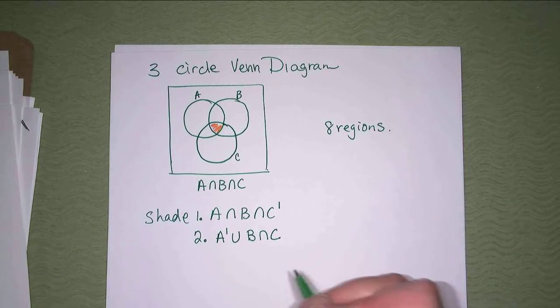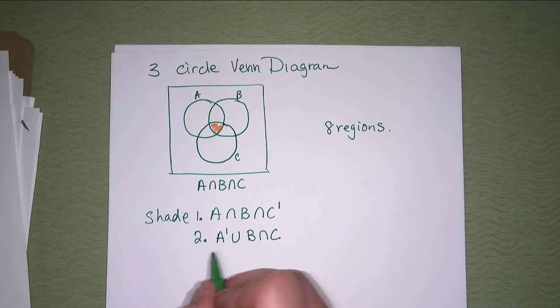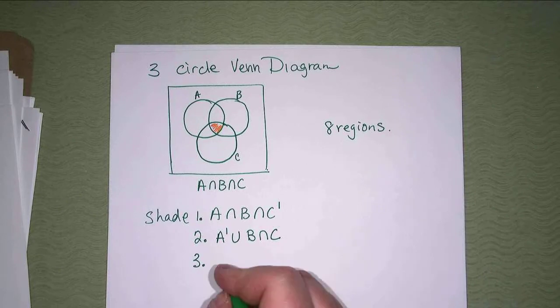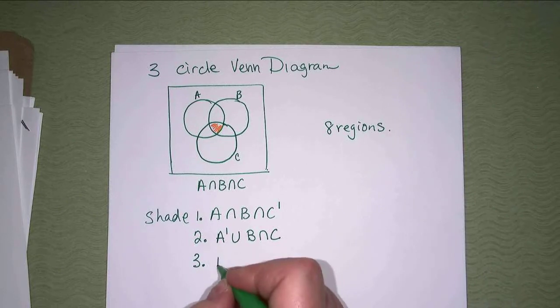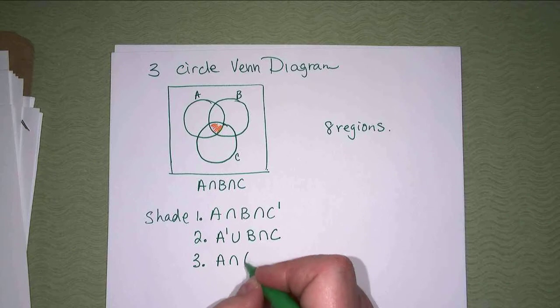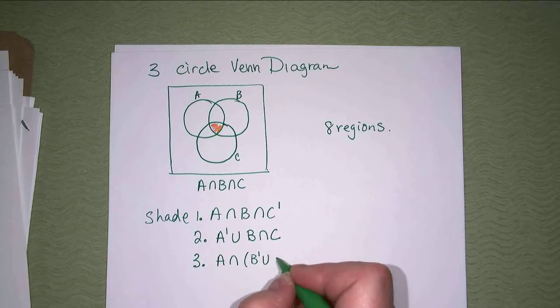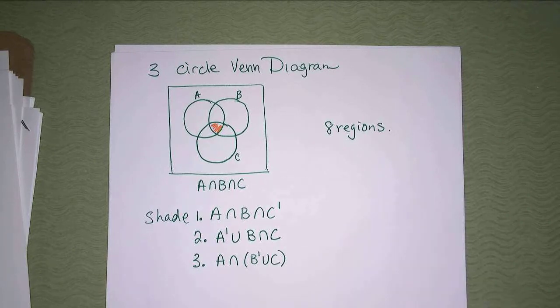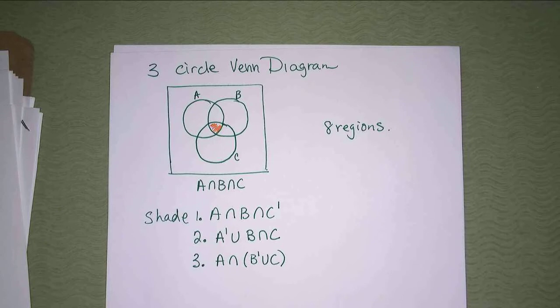Union and intersection together, so it makes it a little trickier. And we could put brackets in there. Something like that. So it would say do the bracket first and then compare. So just like when we had the sets written out, 1, 2, 3, or A, B, C, you still use the same rules. So we're going to shade these 3, and it will show you how to do that. So you want to sort of do these in steps.